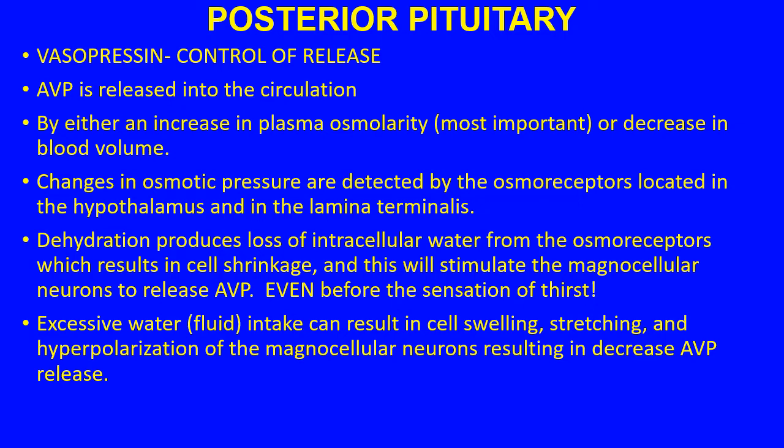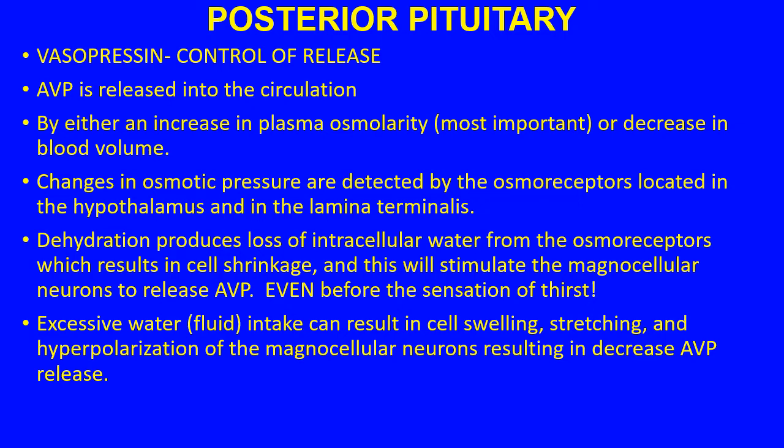Now, changes in osmotic pressure are detected by the osmoreceptors. They're located in the hypothalamus and in the lamina terminalis. Dehydration produces loss of intracellular water from the osmoreceptors, which results in cell shrinkage. So in other words, if there's a great osmolarity, these cells will lose some of their own water as it is pulled out by passive transfer, osmosis.